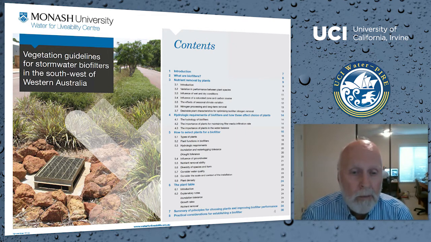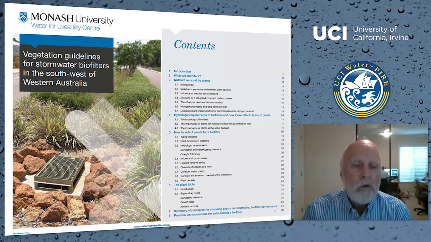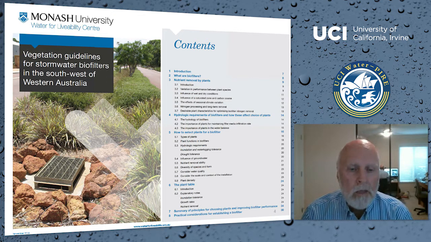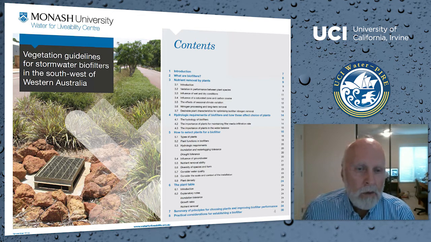It's certainly the best example I've been able to find in terms of going through and laying out the issues that you should be choosing your plants based on, things like nutrient removal or what the hydrologic features are going to be and things like that. And so this is a guide book which runs through many of the issues that I think are important, although you'll see even this book doesn't cover everything I think is important.